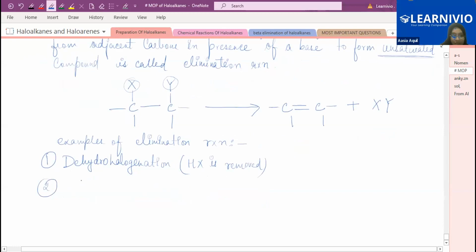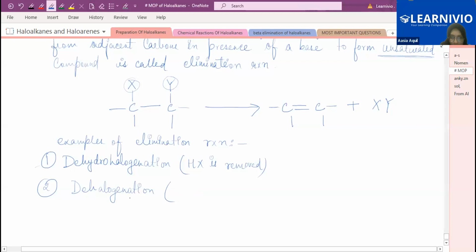Dehydrohalogenation. The next term is dehalogenation. First one was dehydrohalogenation, meaning HX will be removed. Second one is your dehalogenation. D means removal and halogenation means halogen group. Right. So removal of halogen group X2.